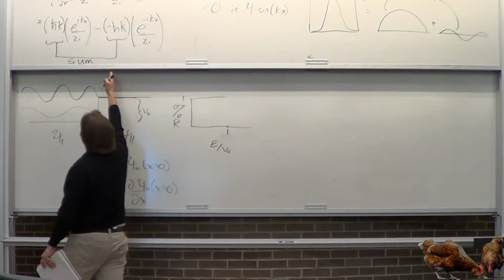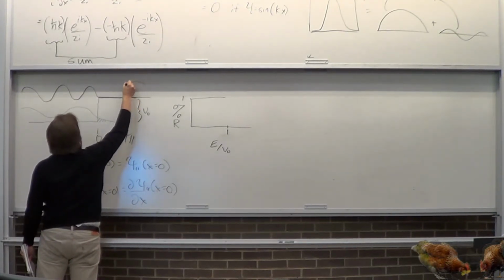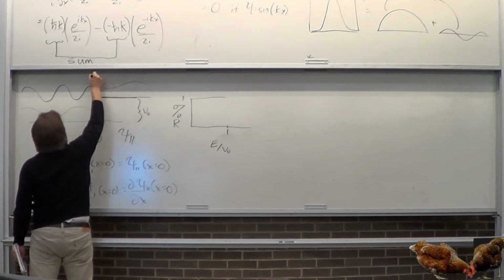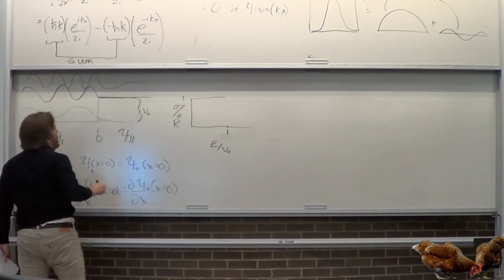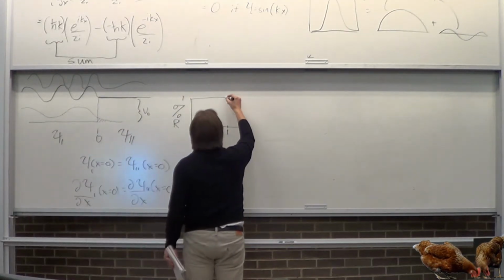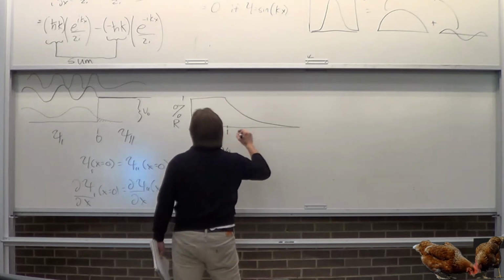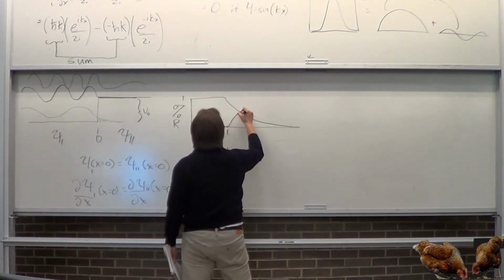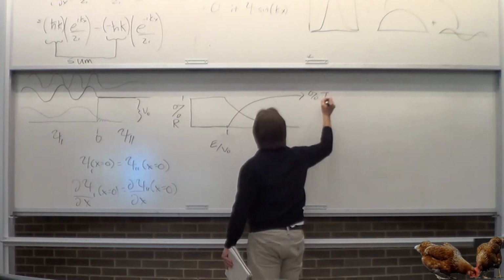And if the energy is high enough, what you end up with is this behavior. Sorry, I didn't give myself enough room. In which case, it stops reflecting, and it'll actually start to transmit through the barrier. So this is percent transmission.